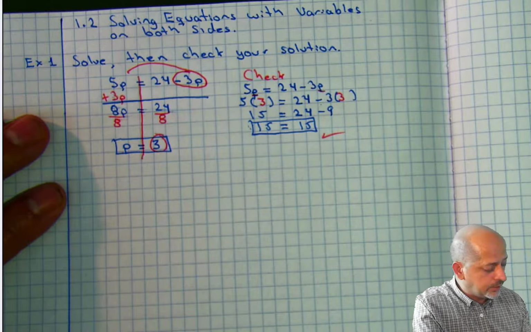So now we're going to go over to example number 3, and that's going to be a bit more challenging. We have one more step to do. So let's go and draw the line. Make sure you guys are using a ruler. And example number 3. Solve A and B. So notice that's a little longer, and then we're going to place our B right afterwards.